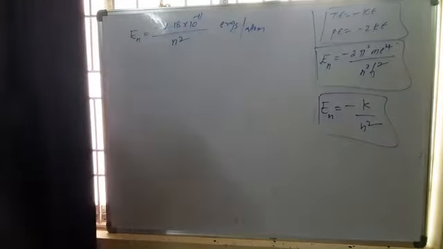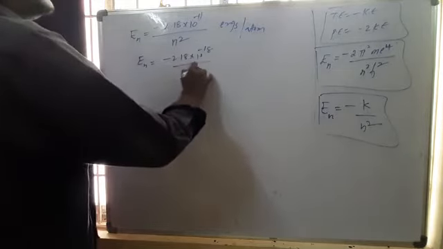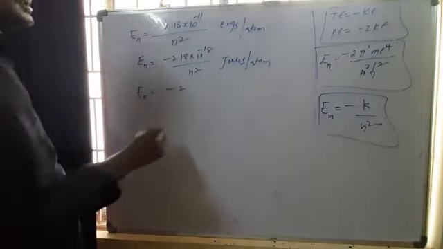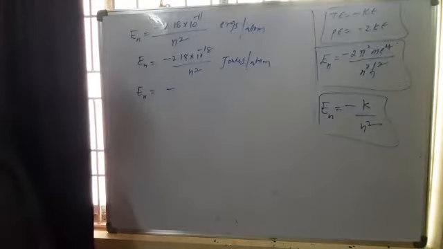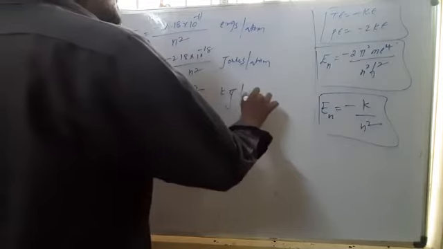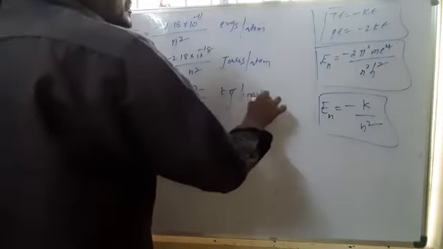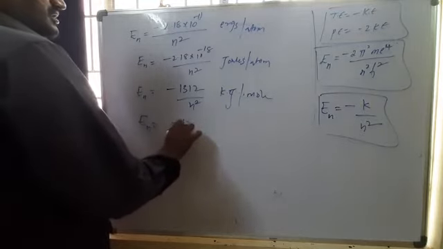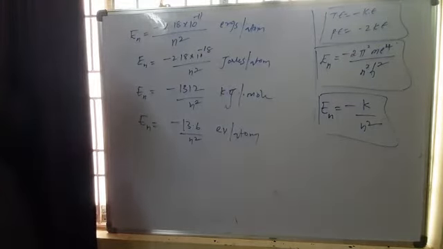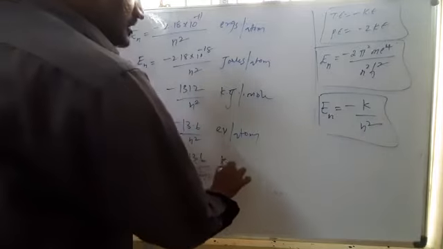Otherwise, En equals minus 2.18 into 10 power minus 18 by n square joules per atom, and minus 1312 by n square kilojoules per mole. Also, minus 13.6 by n square electron volts per atom, and minus 313.6 by n square kilocalories per mole.